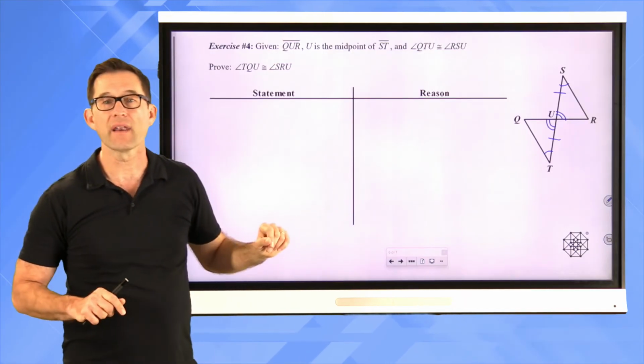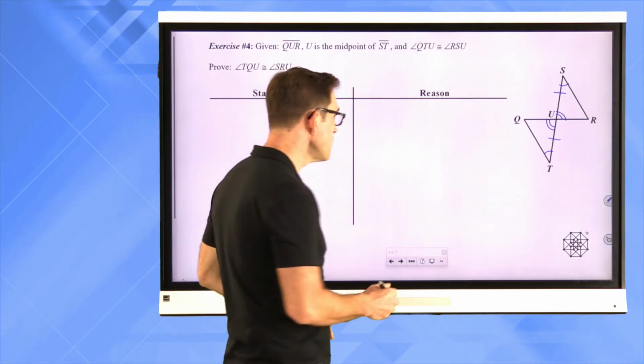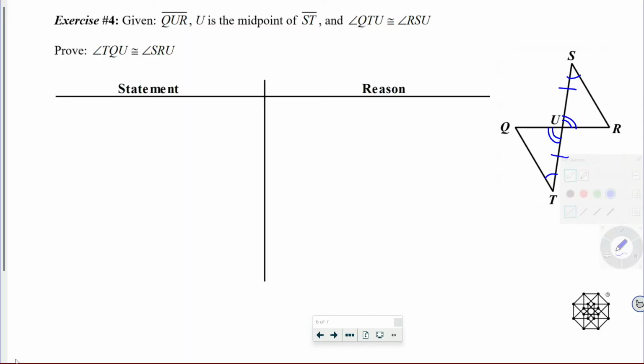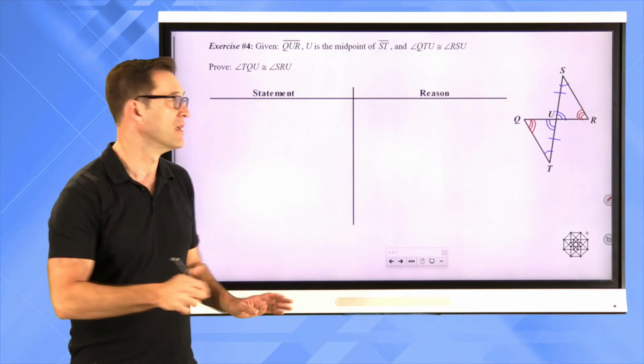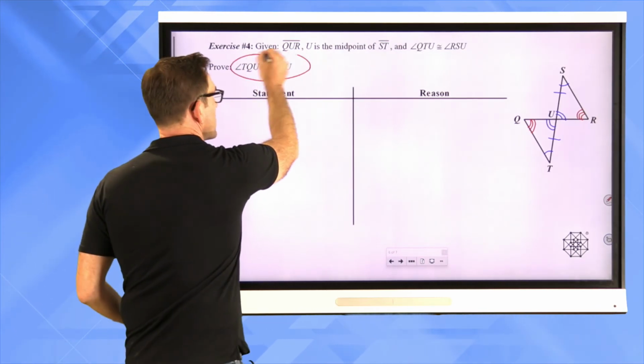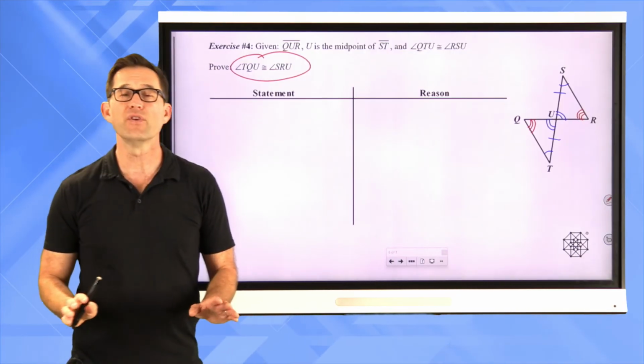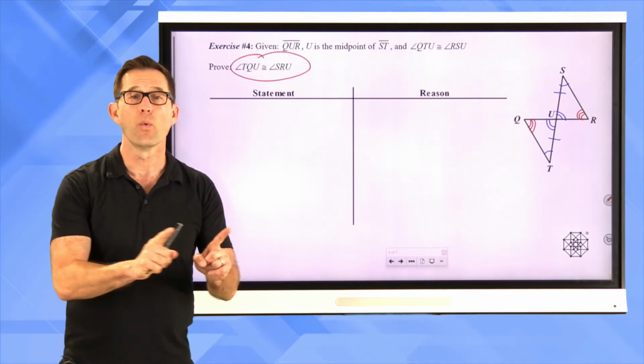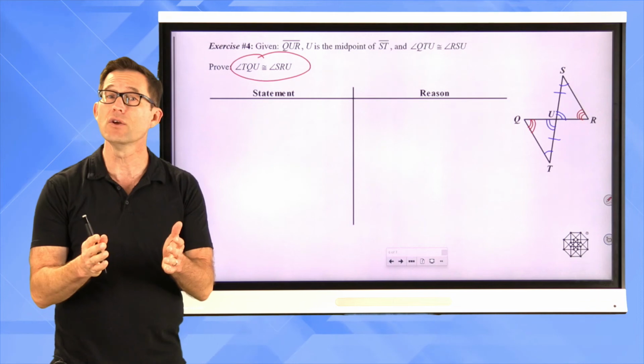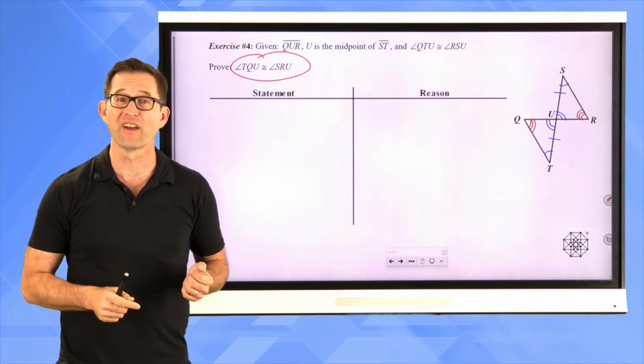Once I know that, I can then conclude, and let me mark this in a different color just so that you realize it's not a given, it's what I'm trying to conclude, that TQU is congruent to that. That's what I'm trying to prove, in red. Let me circle it. You never want to confuse what you're trying to prove with what you know, and that's easy to do, especially if you mark it up on your diagram.